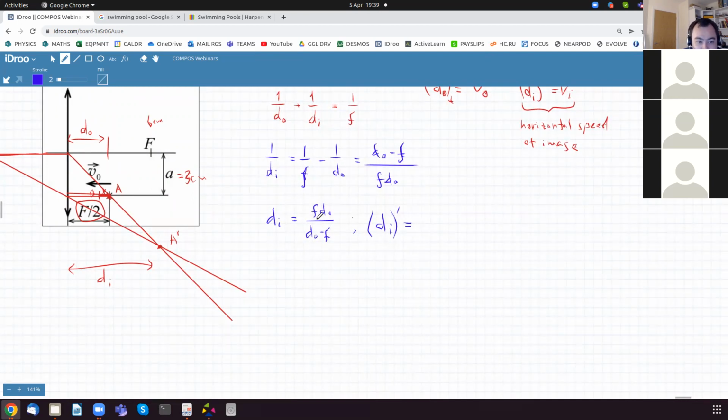Well, f is 6, so we can safely say that this is 6 centimeters and this is 6 centimeters.